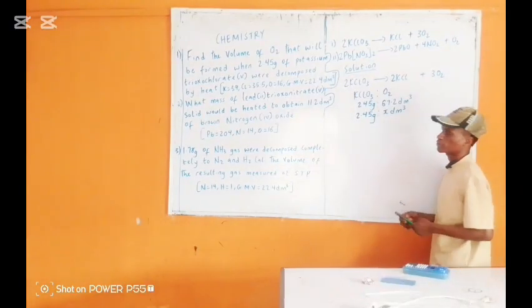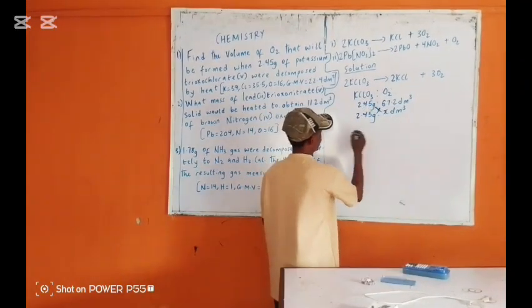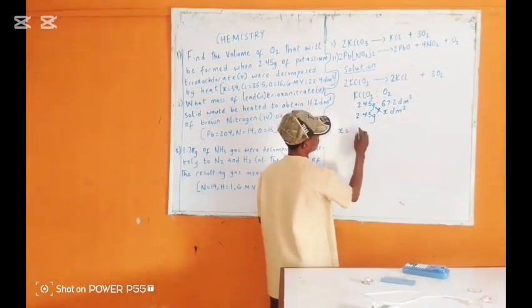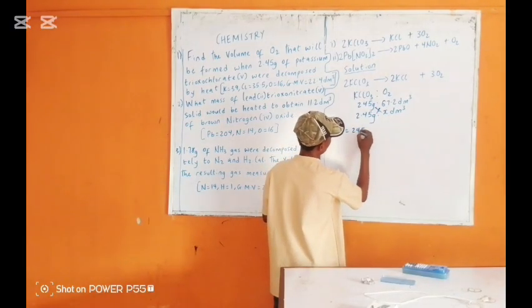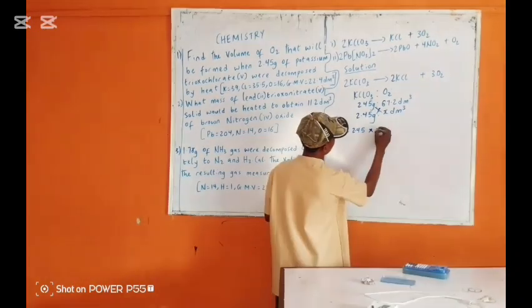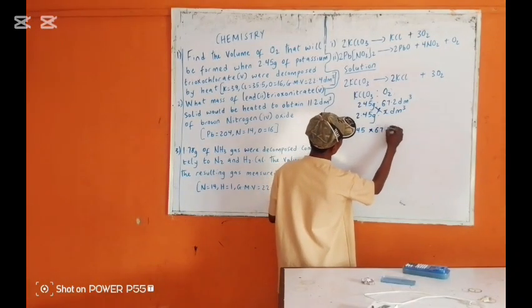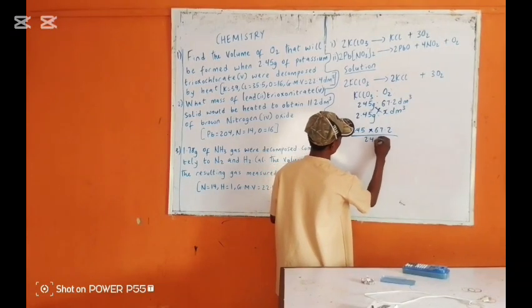Cross multiply. So we're having X equals to 2.45 multiplied by 67.2 divided by 245.